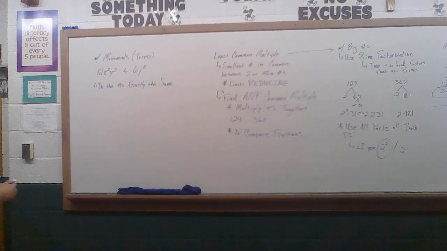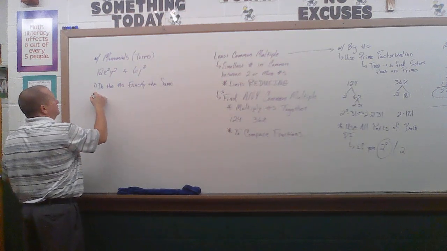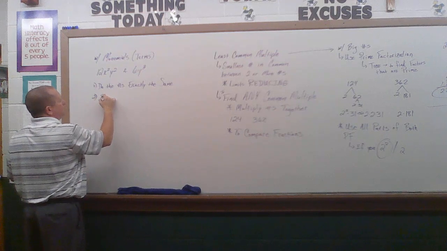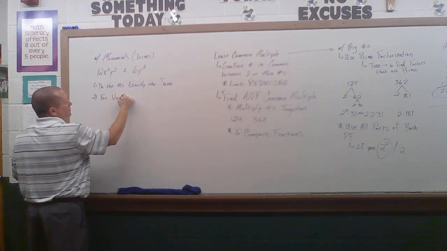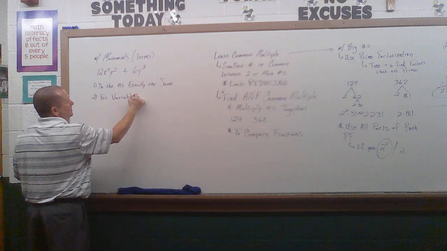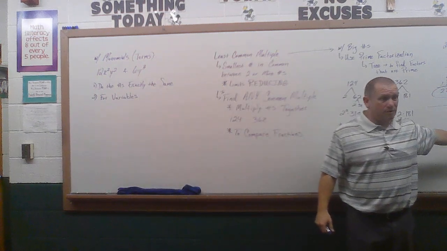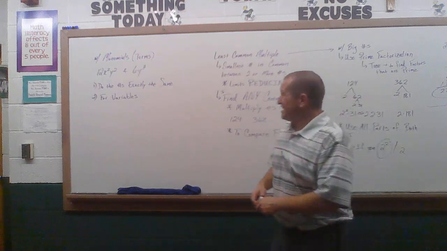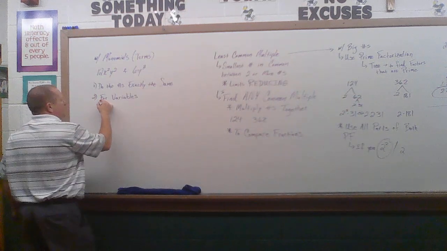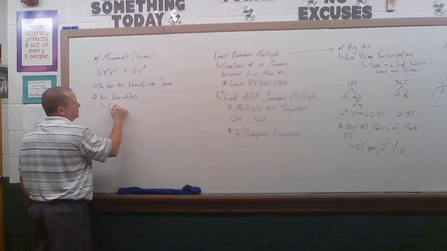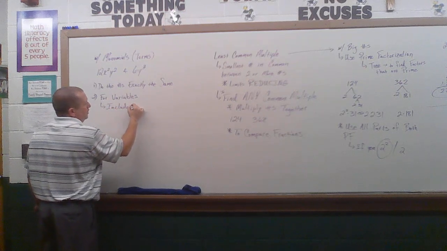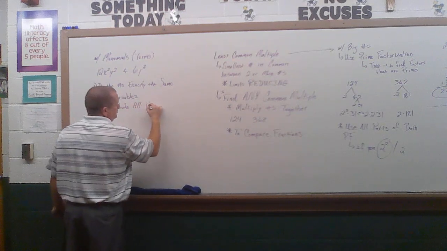If I want to do this one, the variables, to me, are a lot like what we did when we did the prime factorization part. So in a sense, for the variables, I want to include all the variables.